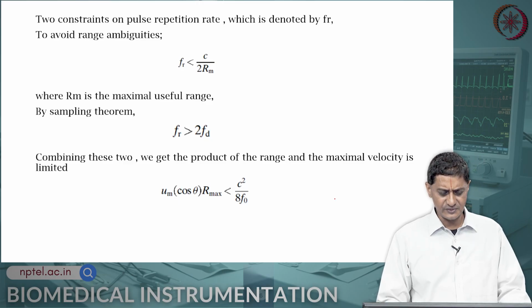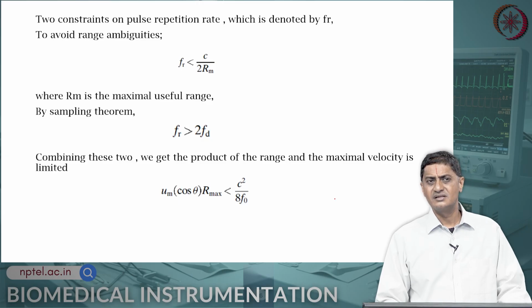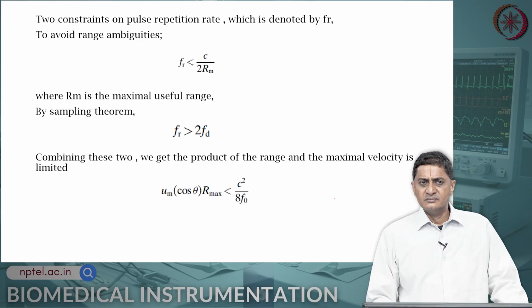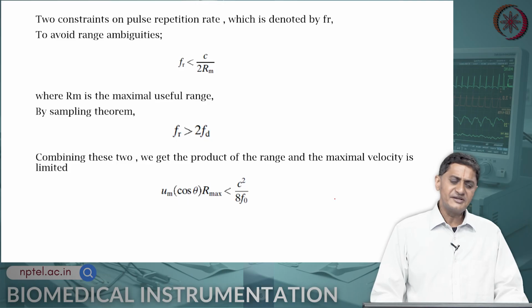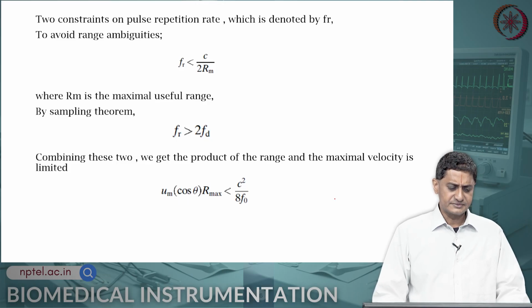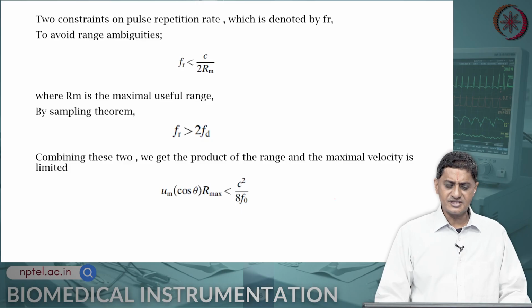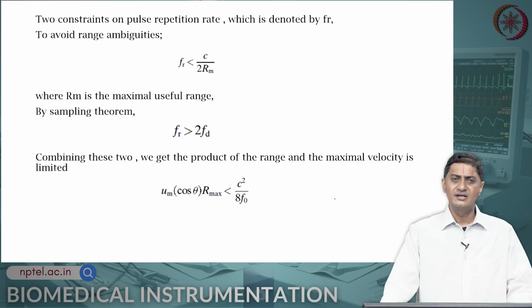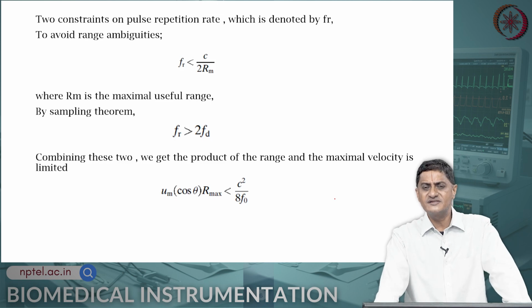One is range ambiguity, the other is the sampling theorem, Nyquist criterion, right. To avoid range ambiguities, the frequency Fr must be less than c divided by 2 times Rm, where Rm is the maximal useful range, and if you use sampling theorem, Fr is greater than 2 times Fd.